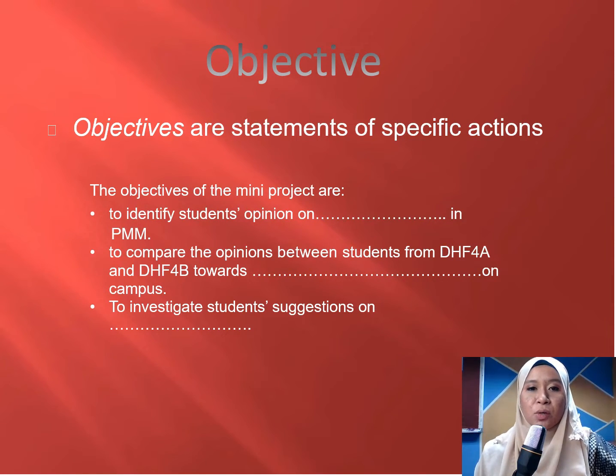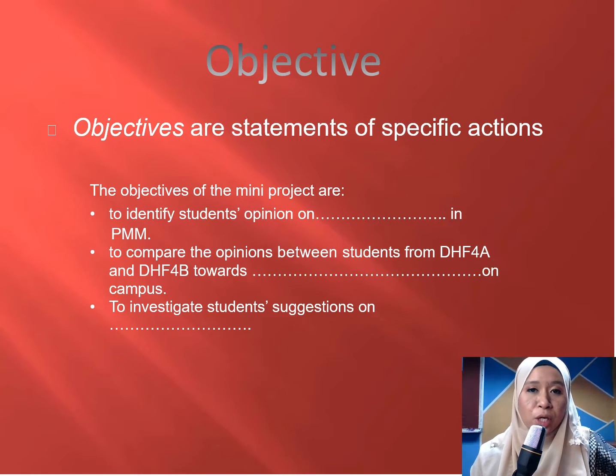Next, right, so the next in your outline, understand the objective of your mini project. So write down the objectives, which are the statements of the specific actions needed to accomplish the purpose of the mini project. So you need to have enough objectives, and the objectives are reflected from your topic. Okay, it's reflected from the problems and the topic. So everything in your mini project is related to each other.